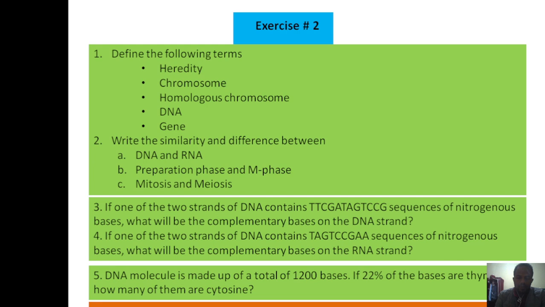In the fifth, a total of bases is given and one of the nitrogenous bases is given, so by using those two, you can calculate the rest of the three nitrogenous bases.